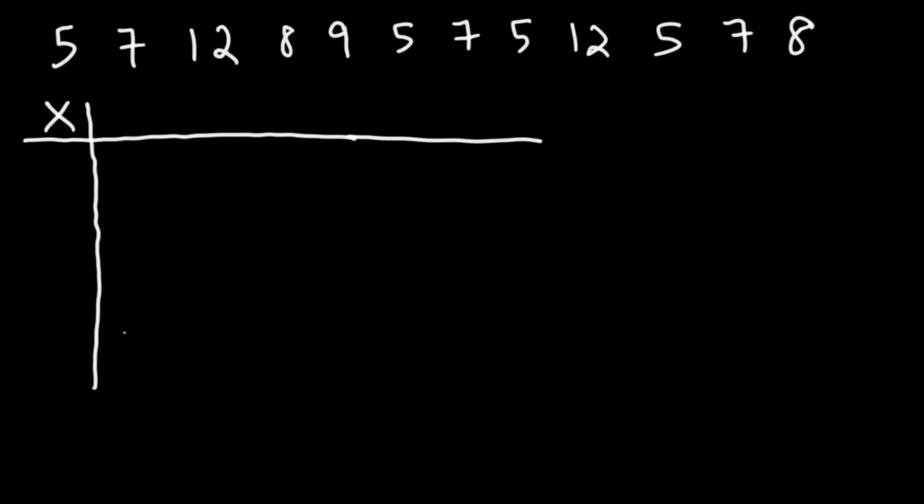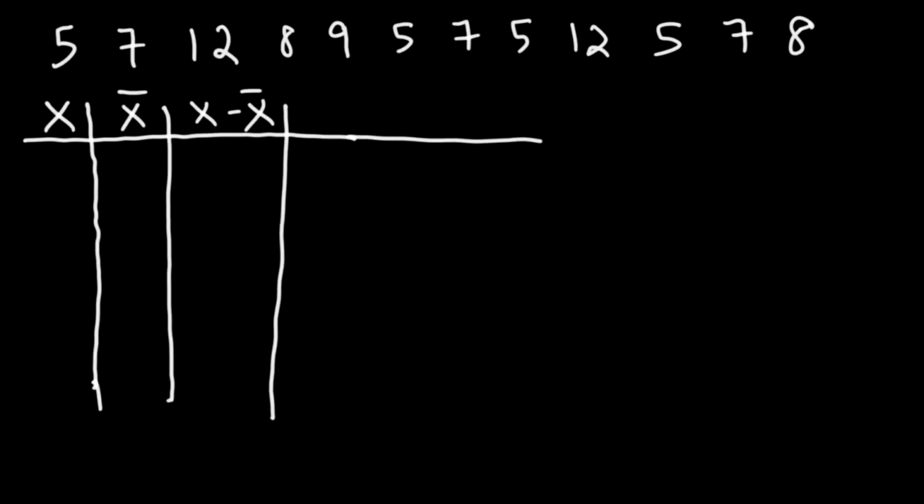The first column will be the x, that is our variable. The second column will be the mean of the data. The third column will be the deviation from the mean. And the fourth column is going to be the square of the deviation.